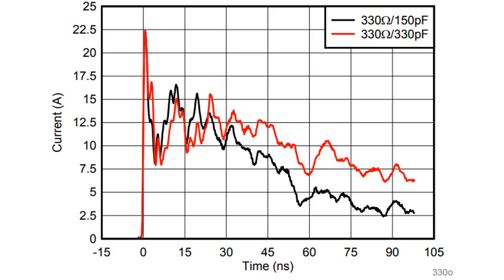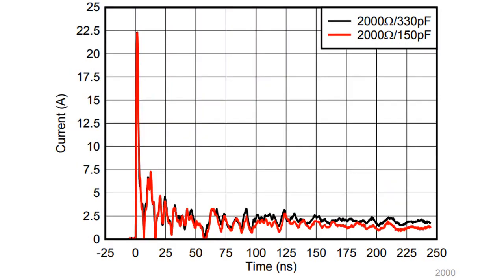Shown are waveforms of 5 kV contact discharges, which help illustrate the variation in energy dissipation related to the resistance and capacitance values. The figure shows the waveforms of 5 kV contact discharges under ideal conditions.